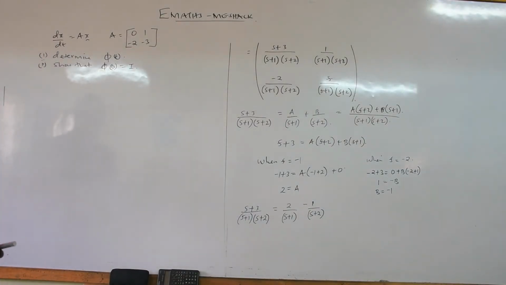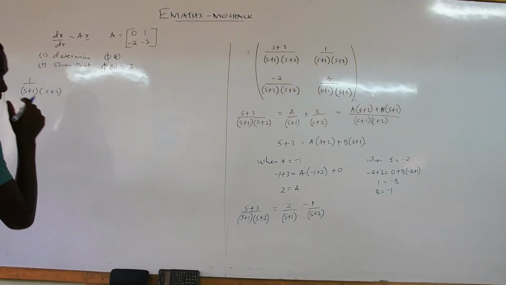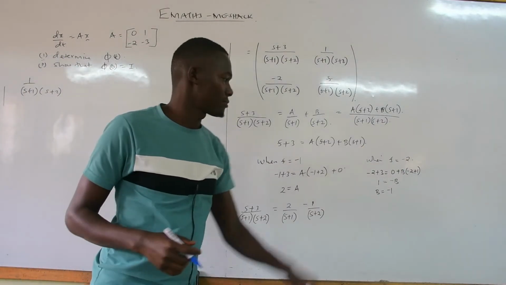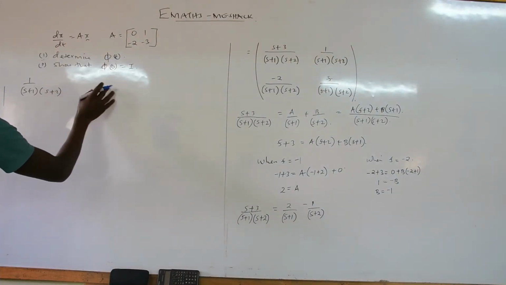Now this will be simple. So we go to the second one, 1 over s plus 1, s plus 2. Again, remember, we don't have to rewrite this part. Why? Because our numerator will be the same.